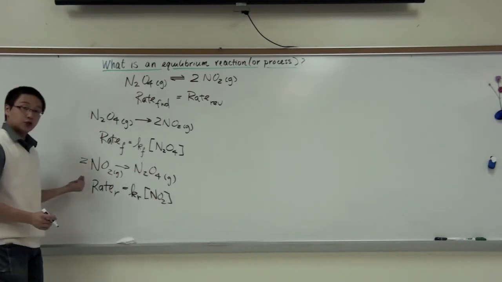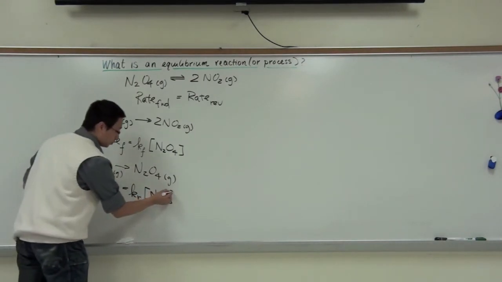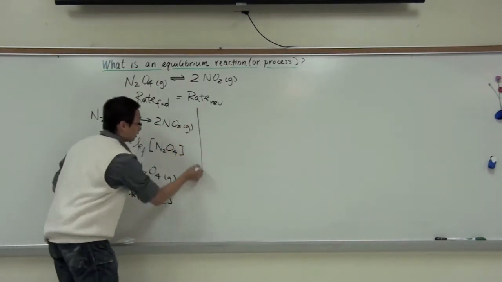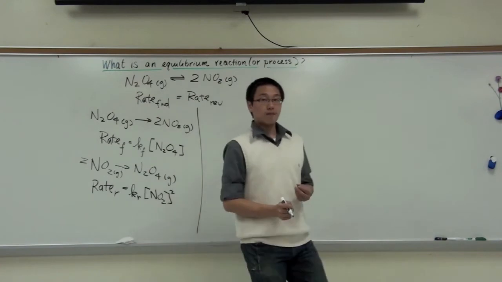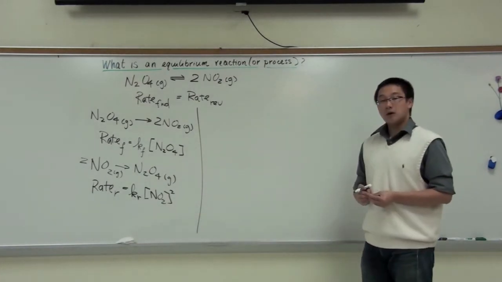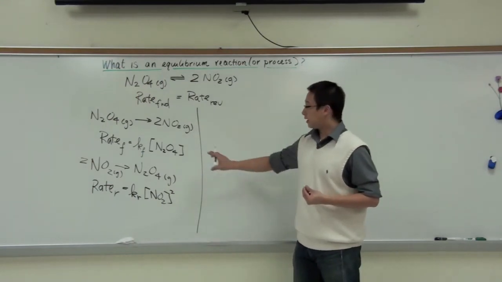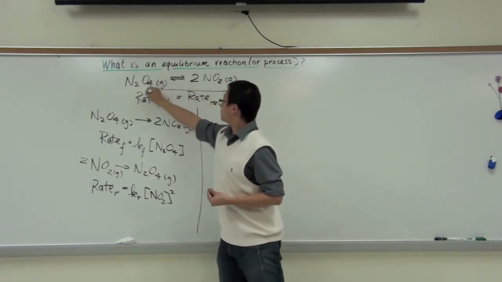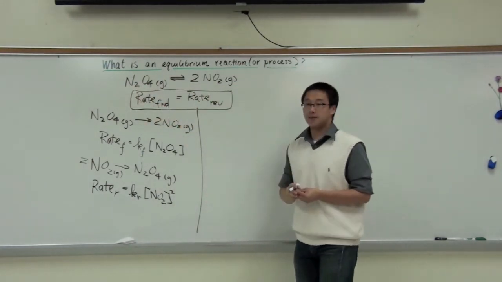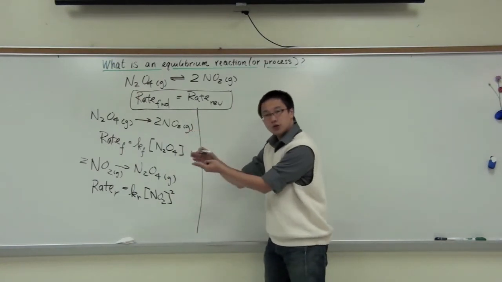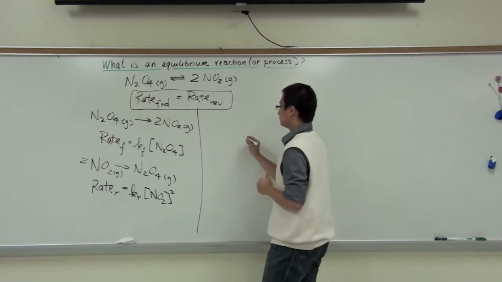And since we have a 2 for the coefficient, we're going to put a 2 here for the exponent. Let me draw a line right here. Okay, now with these two equations, we can make use of this concept and put these two equations together and see what's going to happen.